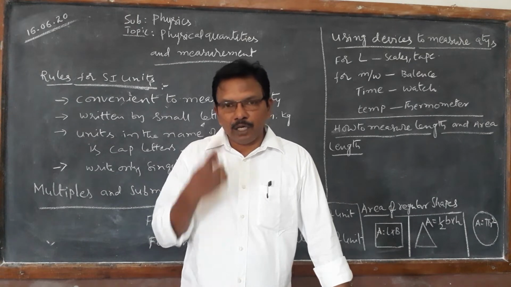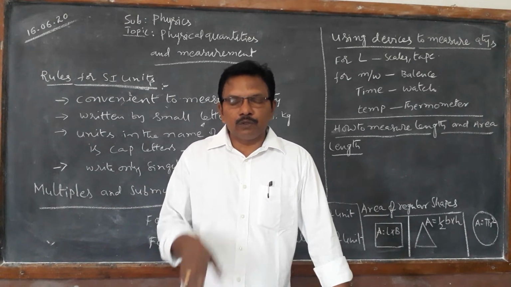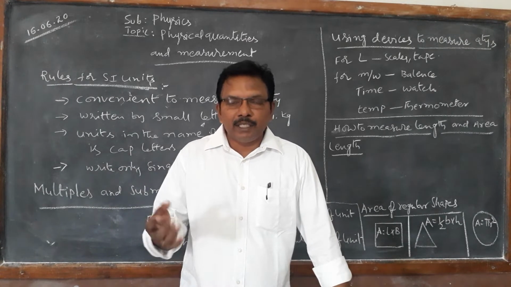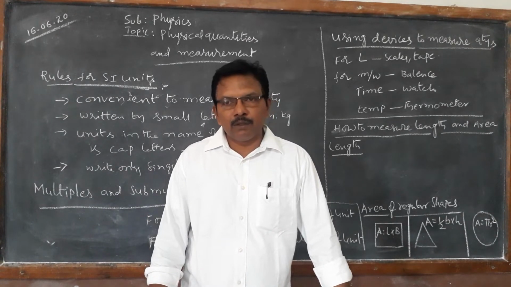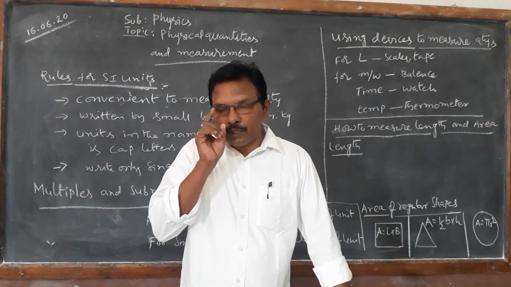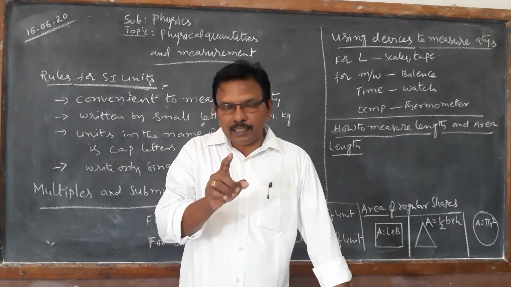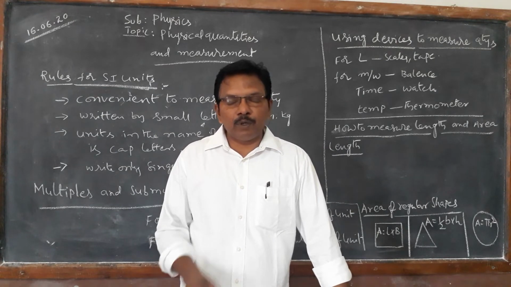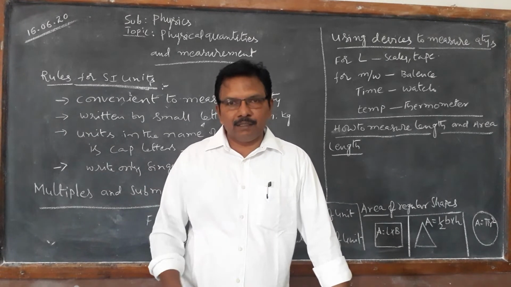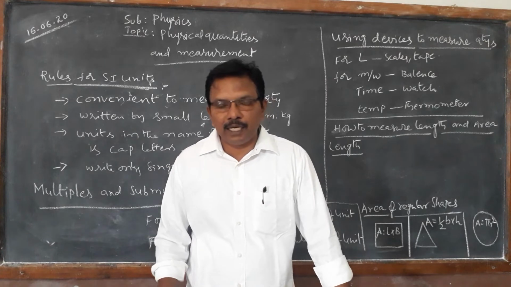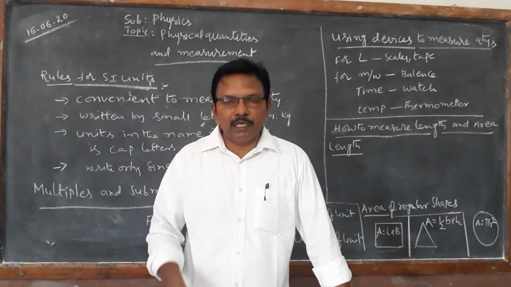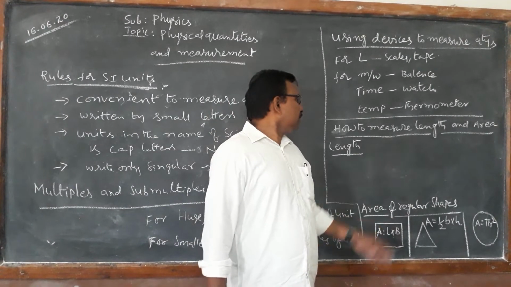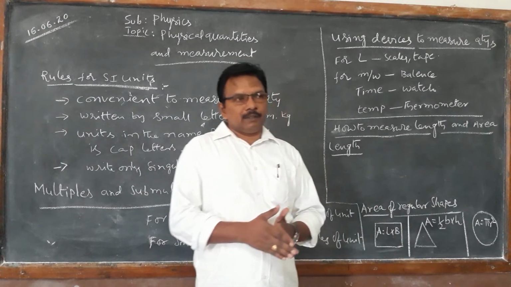We should not see from the sides, because then you will get some millimeters of difference in the length. So we should observe the length with the eyes straight to that point, not from the sides. If you look from the sides, you may get a little difference in the length.